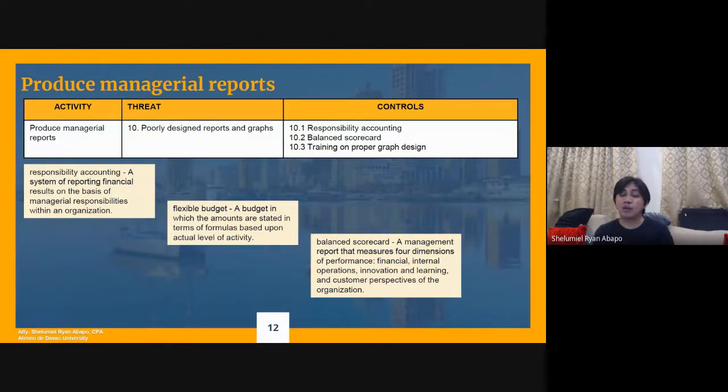Meaning when you evaluate a particular person, you only use as basis for this evaluation those elements that fall under the direct control of that person or that particular department.